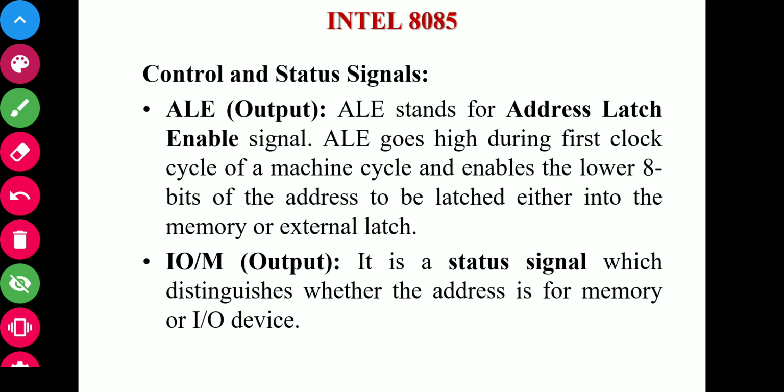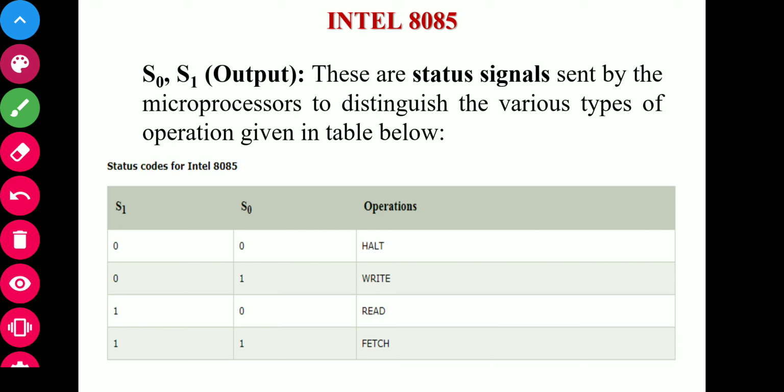So it is a status signal which distinguishes whether the address is for memory or an IO device. And S0 and S1, these are status signals sent by the microprocessor to distinguish the various types of operation, given in the below table.